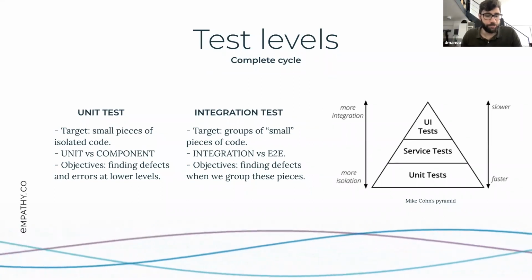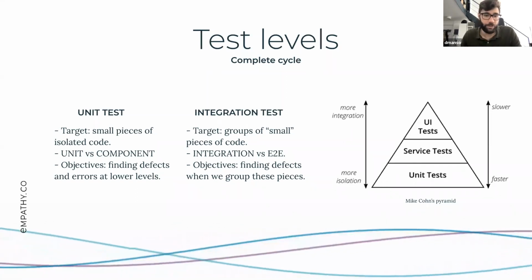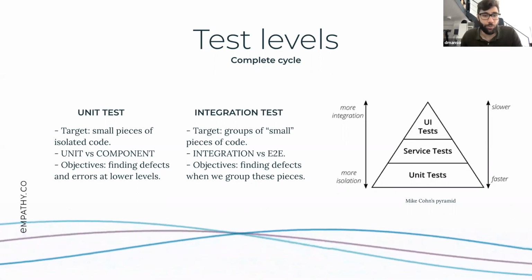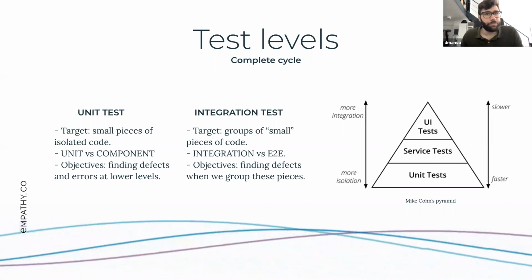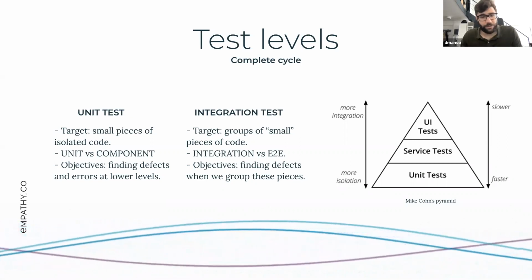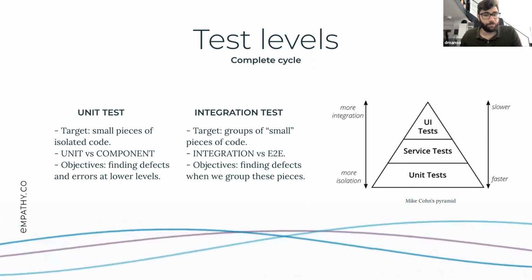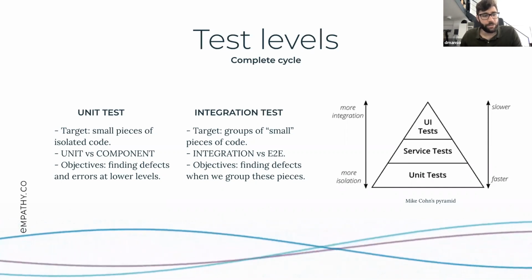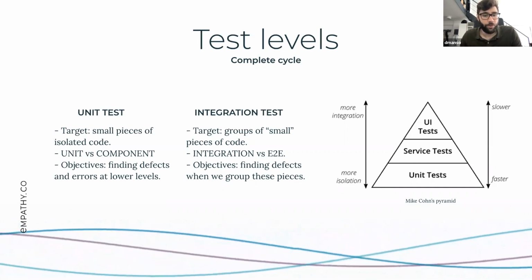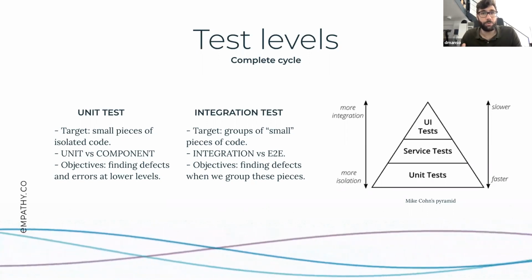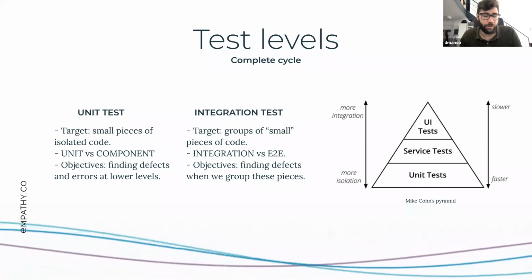Okay, integration testing. Well, as the name suggests, it's focused on the integration between these small pieces of code as a unit, as a group. Again, about the name, end-to-end and integration tests are not the same. In end-to-end tests, we automatically simulate the user behavior with a bot that imitates the user.